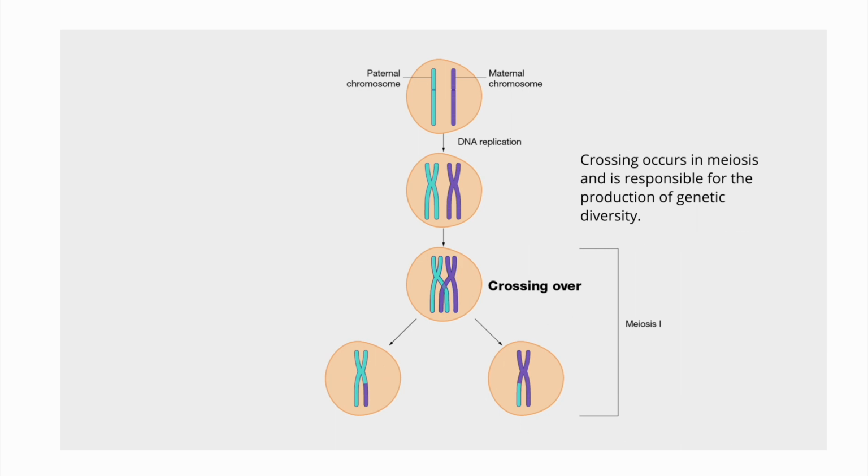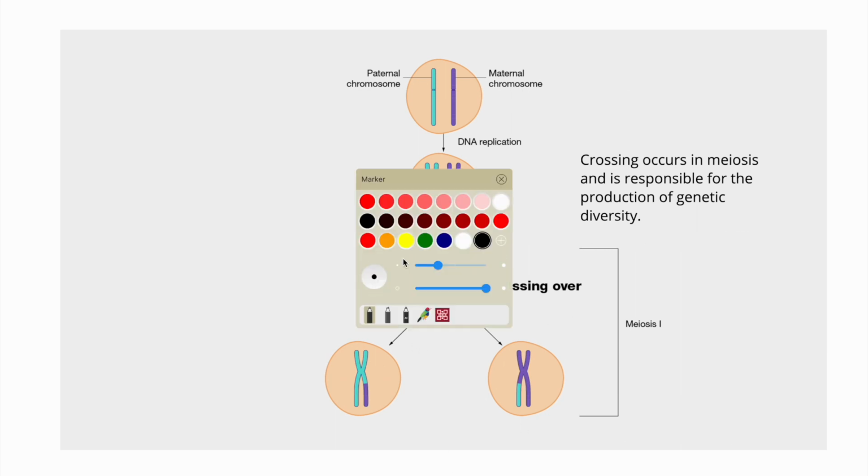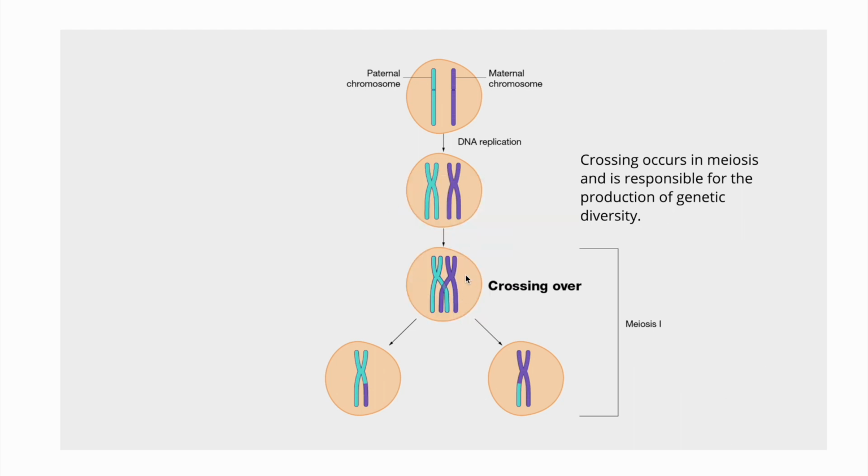This crossing over right here is why grandchildren look like their grandparents in a mix of everything. That's because these two cells that make up an individual come together and cross over. So now every cell that you have is going to be a mixture. So this crossing over is very important for the production of that genetic diversity.